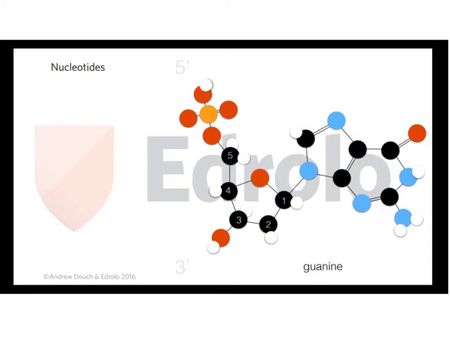So let's begin. Starting off, this is a nucleotide, which we're looking at here. And if we drew a line through here and we looked at this side, we'd call it a nucleoside. So these couple of rings here create a nitrogenous base.